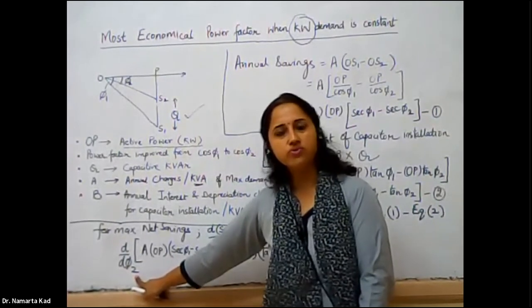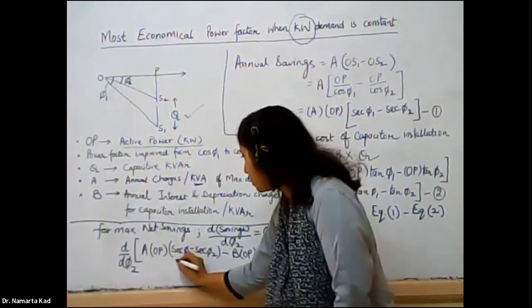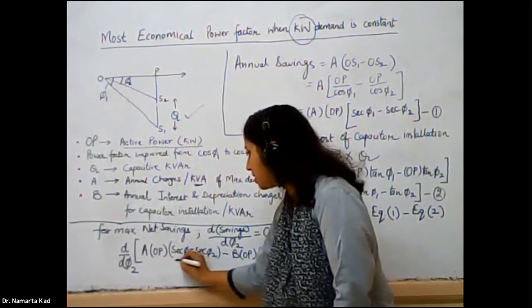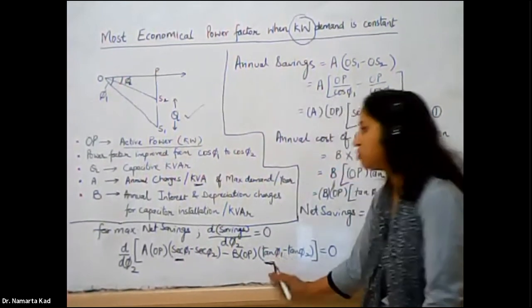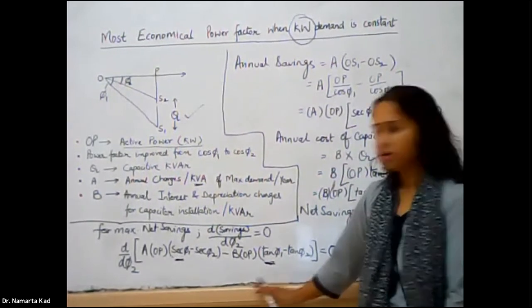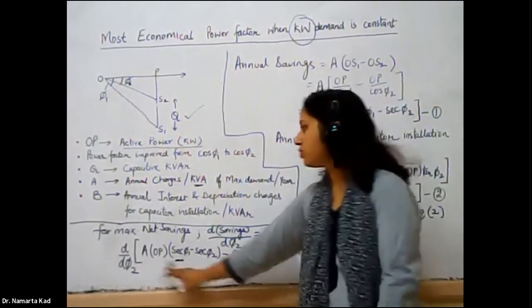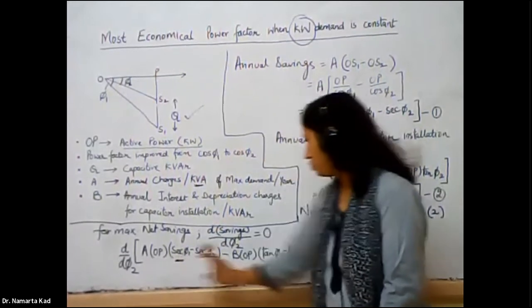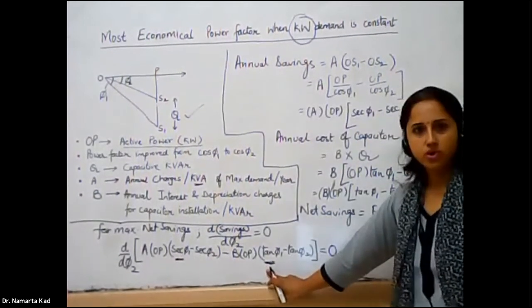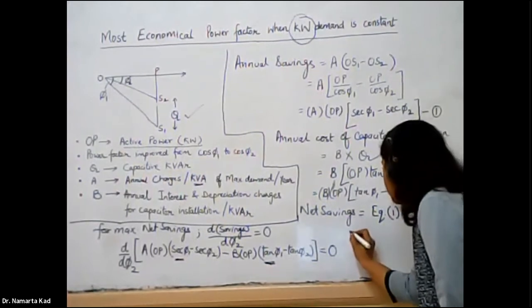So this component with phi 1 comes out to be 0, because here it is secant phi 1, but we have to differentiate with respect to phi 2. So this becomes 0, this becomes 0. Okay, so let's do that.